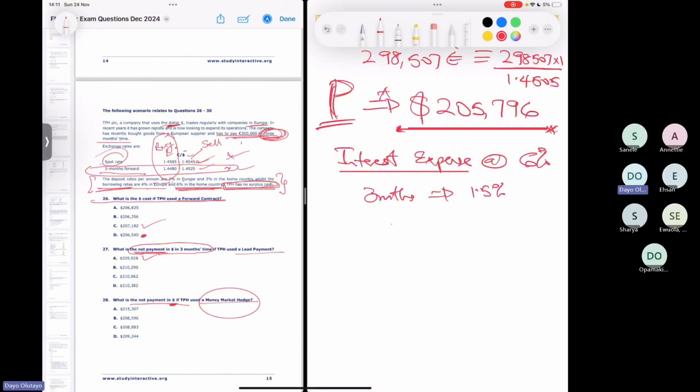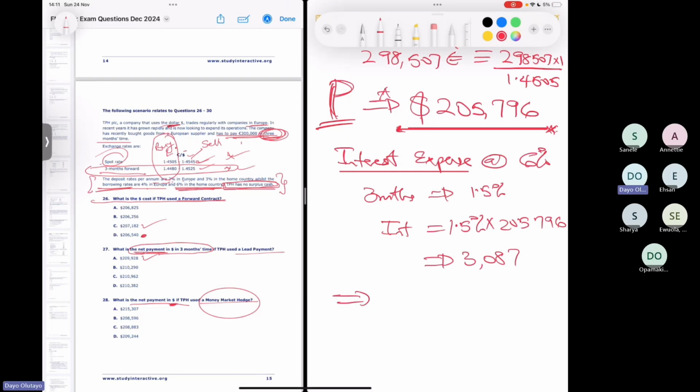So the interest expense is equal to 1.5% multiplied by 205,796. If you multiply that, we have an interest expense of 3087.